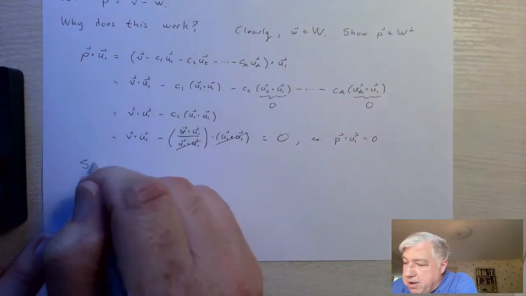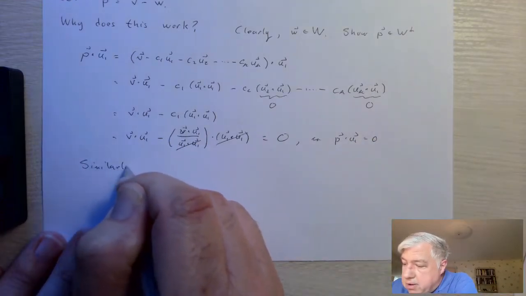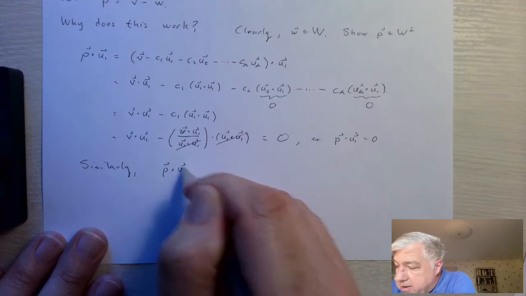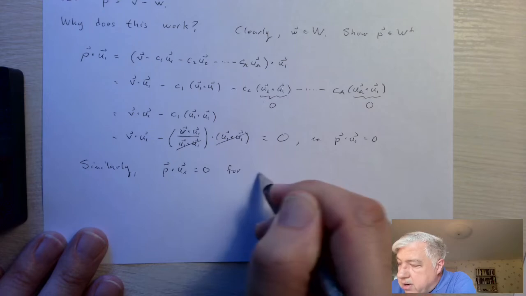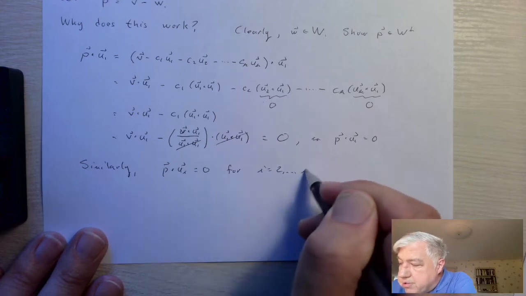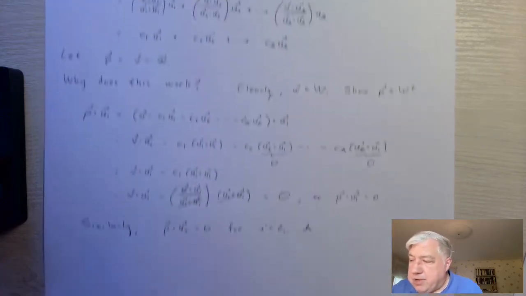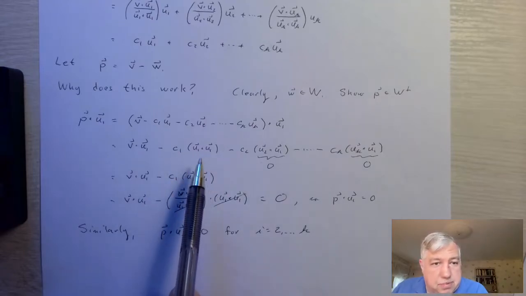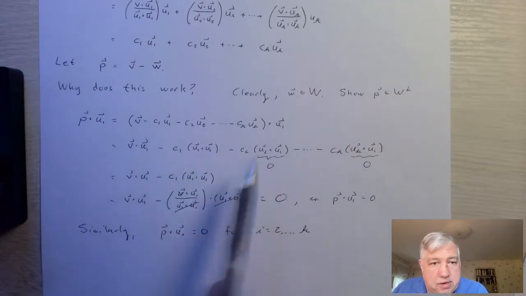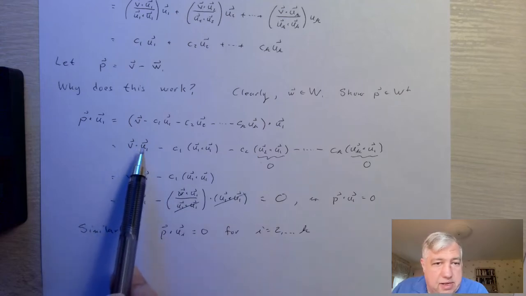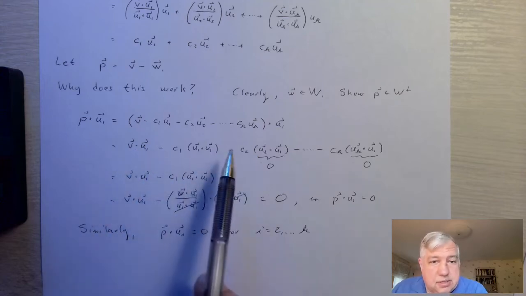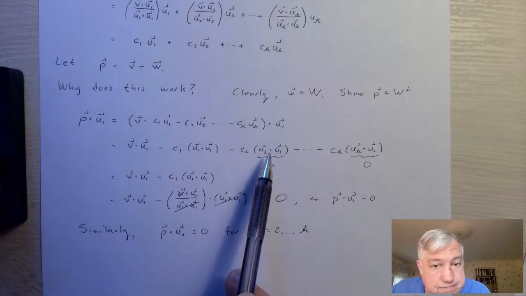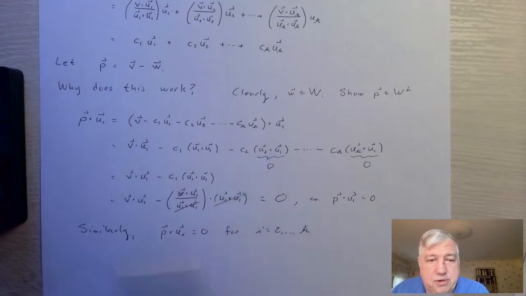So we've got P dot U1 is 0, so P is orthogonal to U1. And then similarly, P dot Ui equals 0 for i from 2 to k. The reason for that is you'll see that all but one of the terms will be 0: you'll have V dot Ui minus Ci Ui dot Ui, and then everything else is going to be 0.